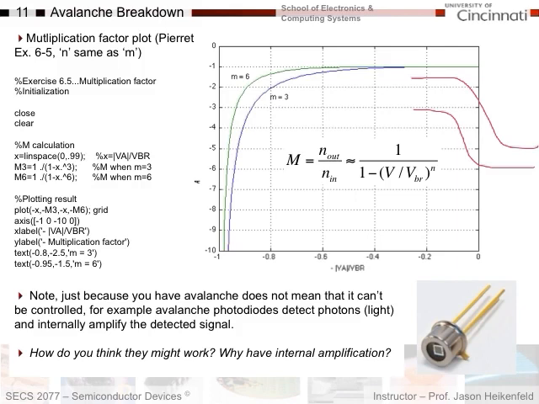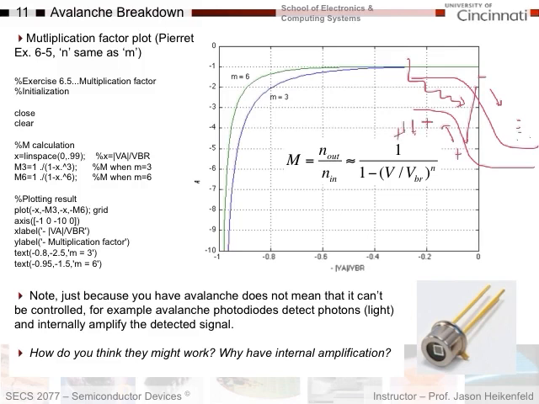What happens is a photon of light comes in, it gets absorbed, and if the energy of the photon is greater than the band gap energy, I can create an electron-hole pair. An electron goes up here, a hole goes here. Now, because of the avalanche process, I will get out a ton of electrons and a ton of holes.